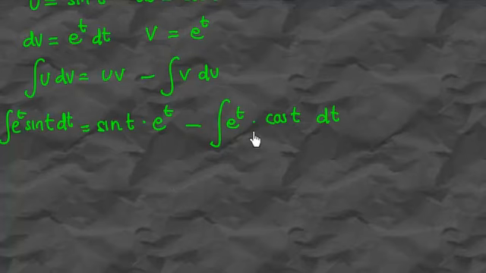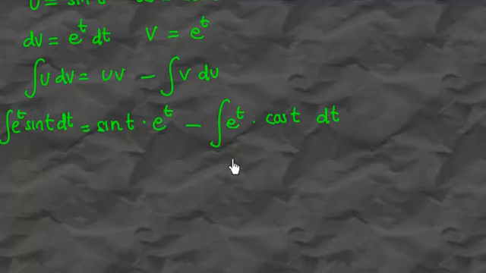Well, it seems we cannot compute this integral. We don't know how to integrate this. I mean, usually after we apply integration by parts, then everything works out. So in this case, we need to apply integration by parts twice. So again, we need to use integration by parts to integrate this expression.